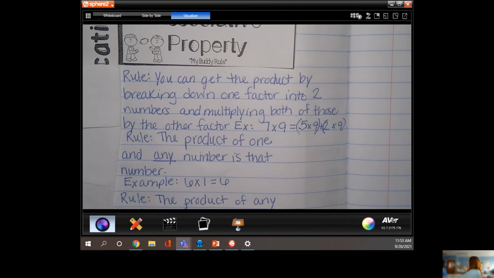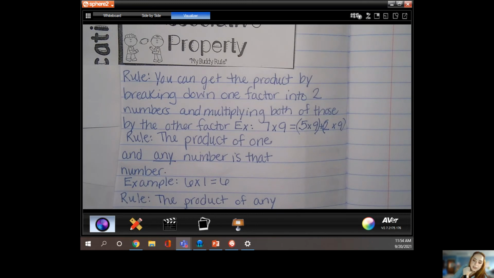Do you know 3 times 9? So breaking that 13 into 10 and 3, you can do 10 times 9 and 3 times 9, and then add those 2 numbers together to get your answer. Does that make sense? Okay, so that is the distributive property.